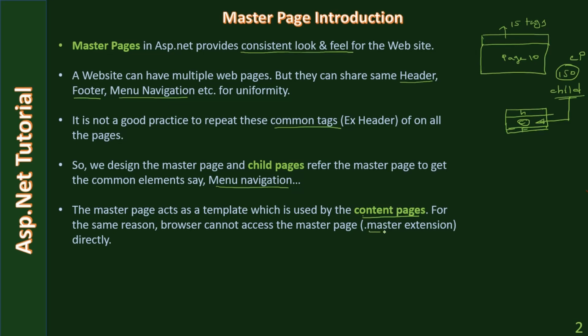Usually the master page will come with a .master extension. In the web address bar, you can provide HTTP and you can browse HTML or server-side ASPX files, all those things. But you cannot browse to the master file. That's the master page, and even if you know the file name, you cannot browse to it.